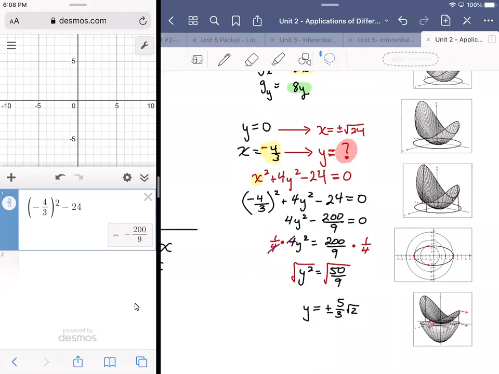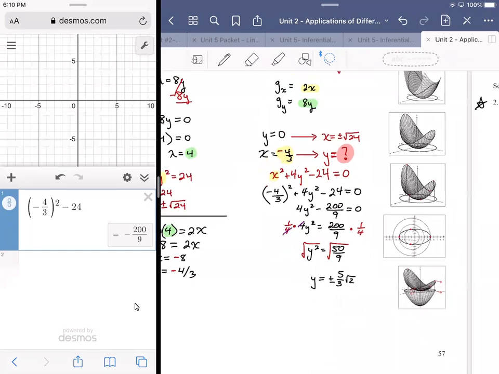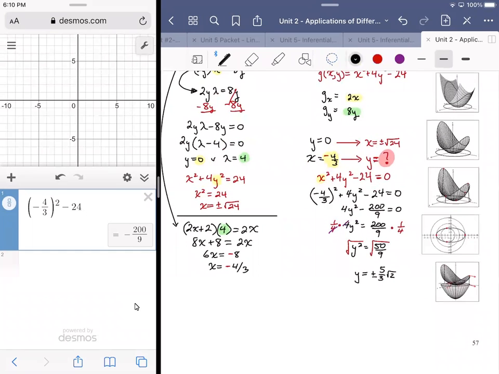All right. So I have the value of y corresponding with x, so I have some ordered pairs to work off of here. I now know that I'm looking at some critical values of plus or minus radical 24. And while I'm in a simplifying mood, I mentioned last class that we didn't really have to simplify, but I already did it for the one, so now I feel obligated to do it for the other. So this is going to be 2 radical 6.